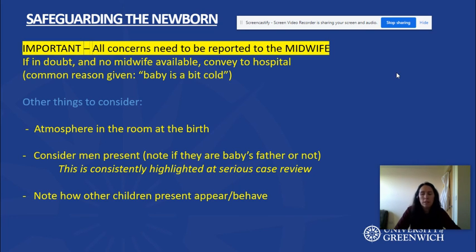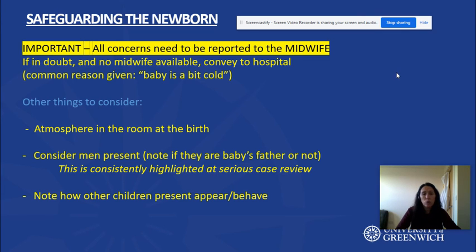You will find that sometimes newborns are already known to the social care system, even in utero. That's because of the conditions of the mother who's carrying the baby. It might be that it flashes up on your MDT that this baby is known to social services.